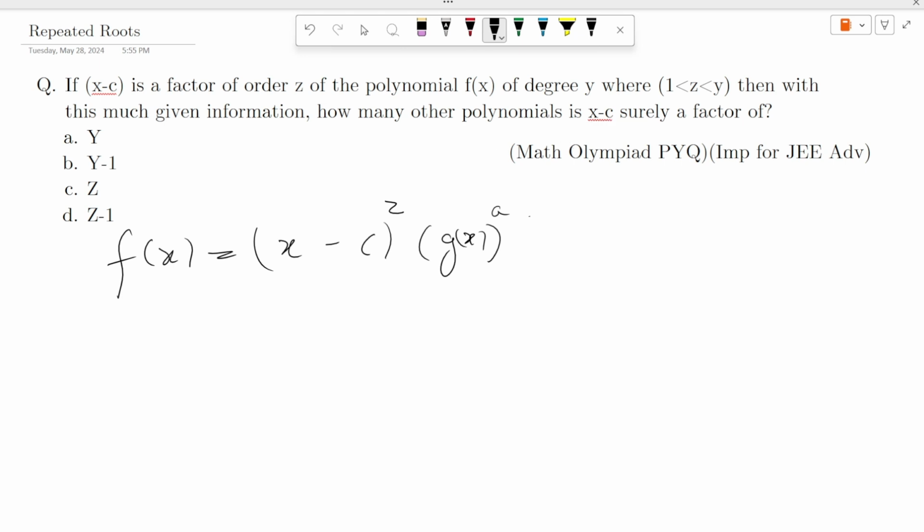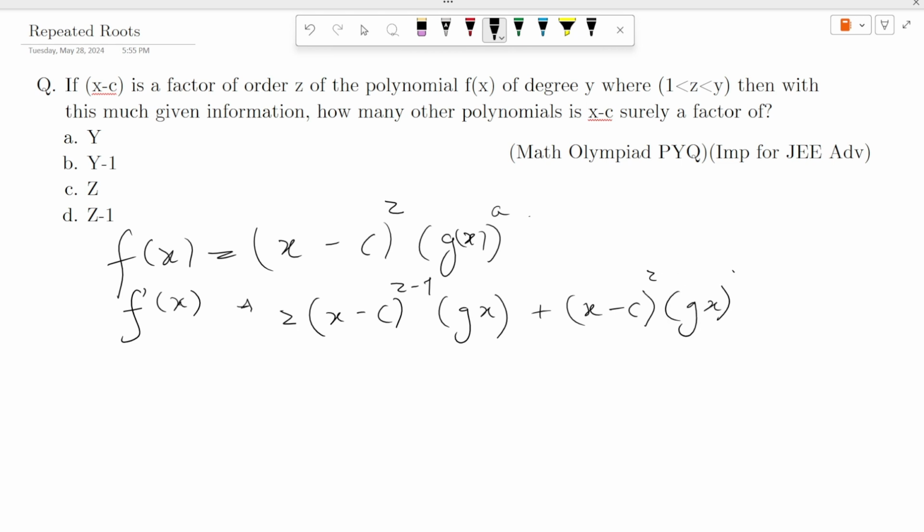It is not really easy to see, but if we were to differentiate this function, then we would get a x minus c to the a minus 1 times g(x). I'm just not writing the parentheses for g(x) right now. And then we'll get x minus c to the a, and then g(x)'s derivative.